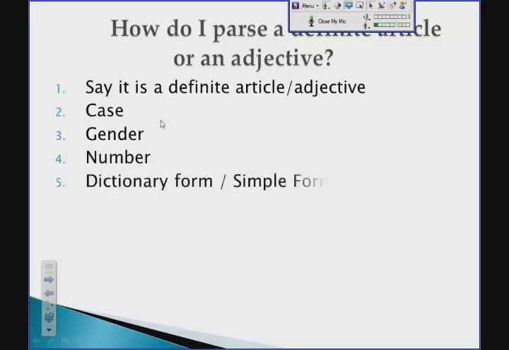And then the dictionary form. What is the dictionary form of tē? If you parse it, then you will tell me this is a definite article. And secondly, case, you will say it's dative. Number will be singular. What is the gender? Feminine.